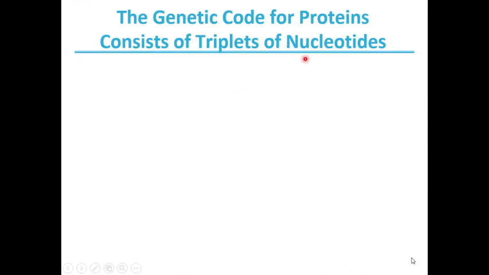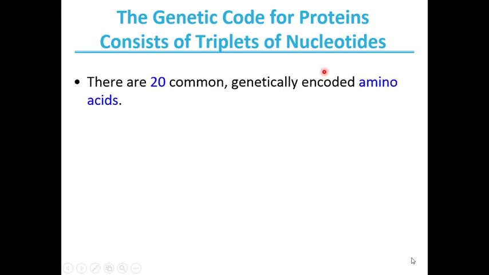The genetic code for proteins consists of triplets of nucleotides. Why would you need 3 nucleotides to represent one amino acid? Here's the answer. There are 20 common genetically encoded amino acids.